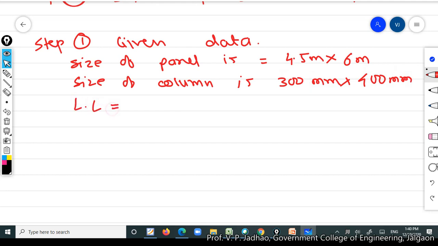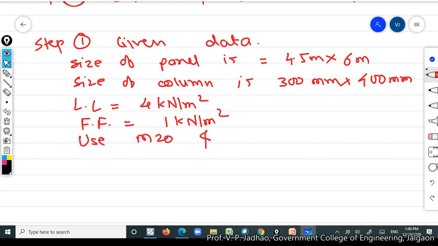Live load is given as 4 kilonewton per meter square. Floor finish is given as 1 kilonewton per meter square, and we have to use M20 concrete and Fe 415 steel, and we have to design an interior panel.